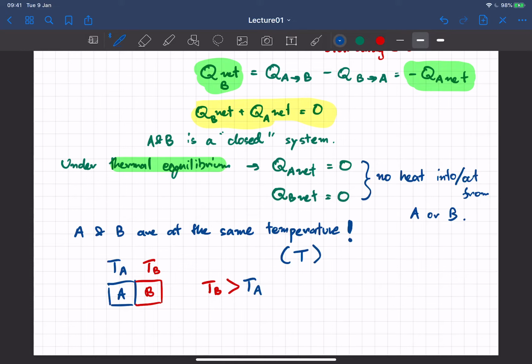Okay, so the temperatures are not the same, so they are not in thermal equilibrium. In this case, there's going to be a net heat flow. So there will be some heat flow this way.